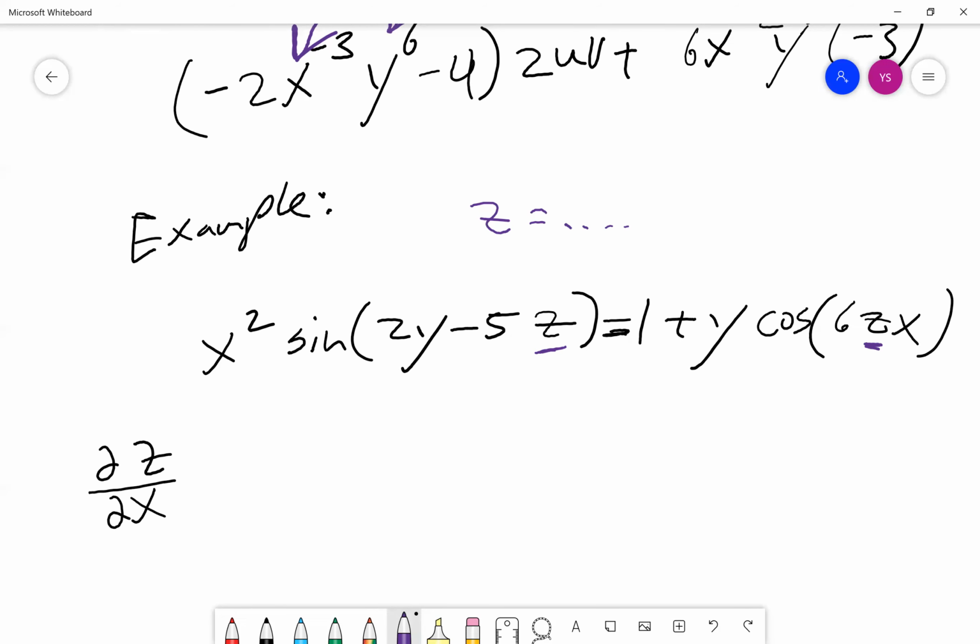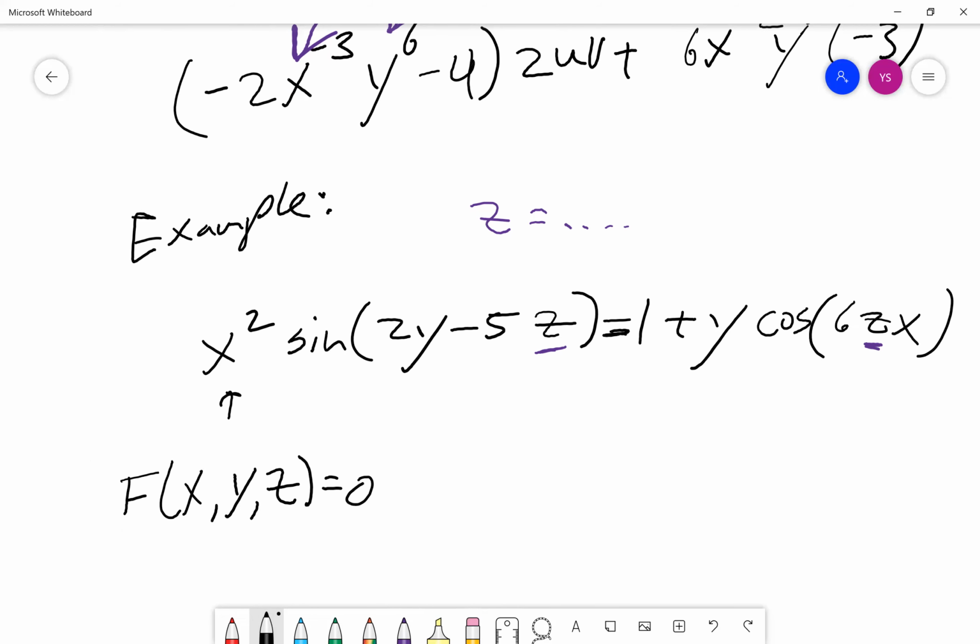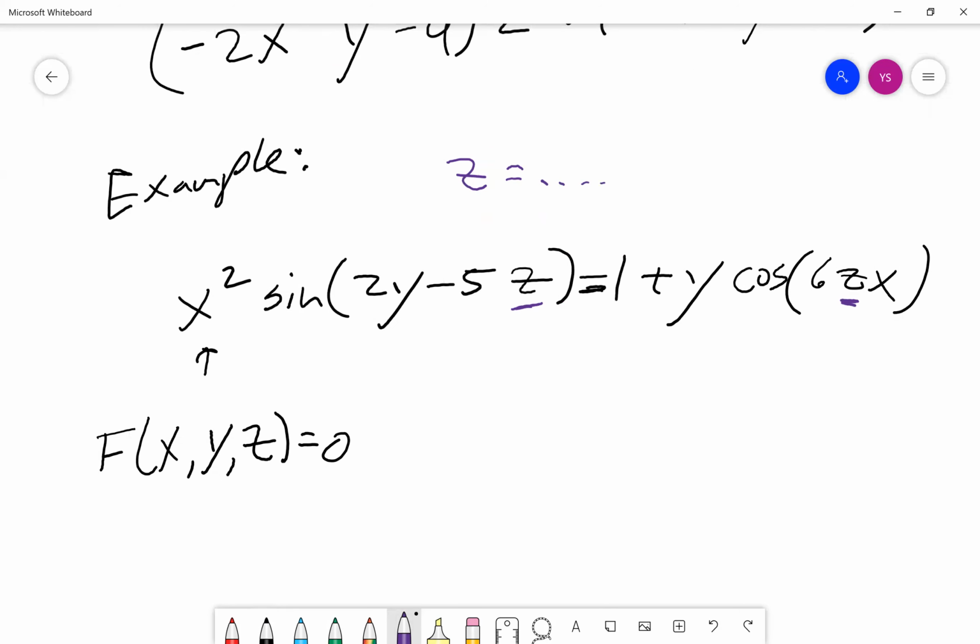I think I'm just going to focus on one method. And that's just going to be to rewrite this function in the form of some function. Let's call it big F of x, y, z is equal to 0. So what do we mean by this? Well, it just means take all of this, put it on the other side.